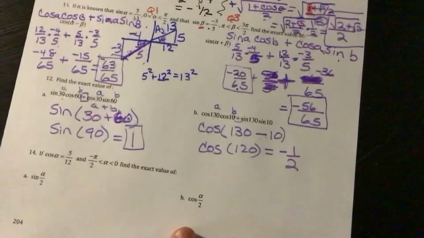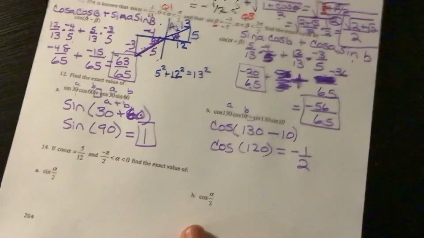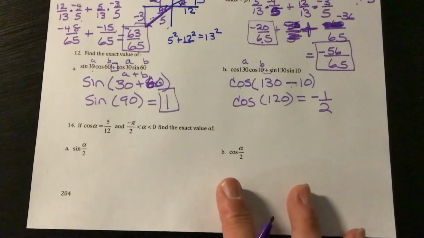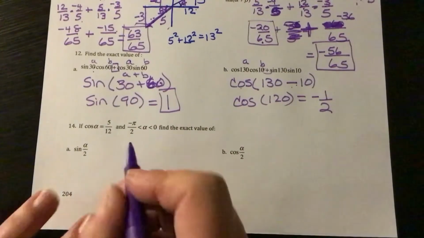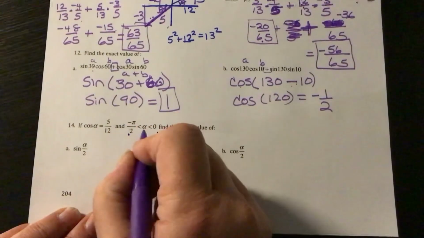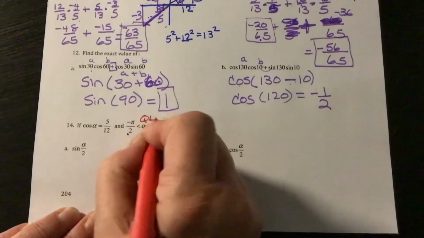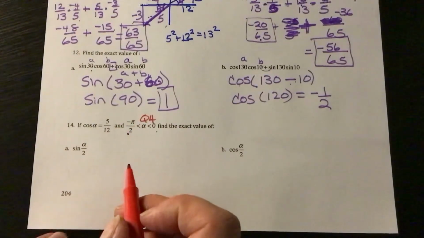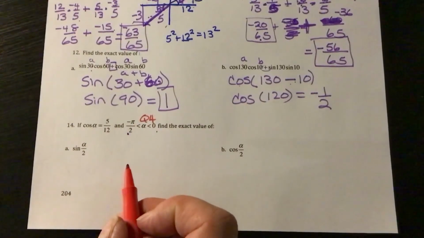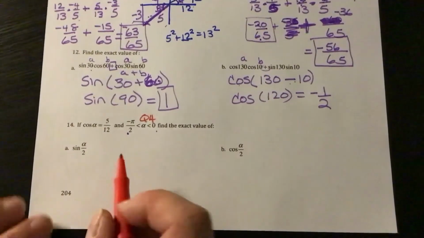Number 14, if cosine of theta is 5/12, and in this case it's between negative pi/2 and 0, so this is quadrant 4. They want us to find the exact value.